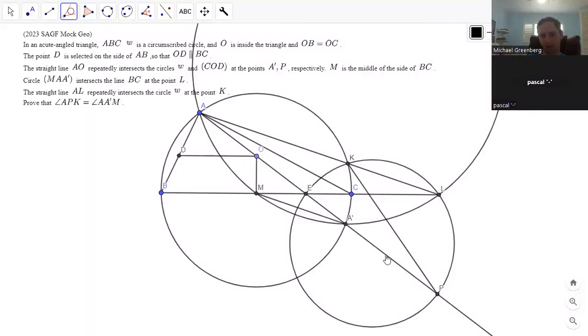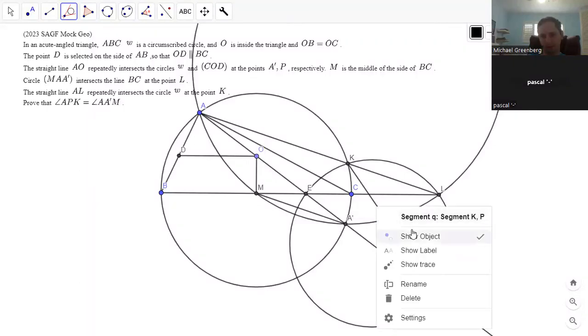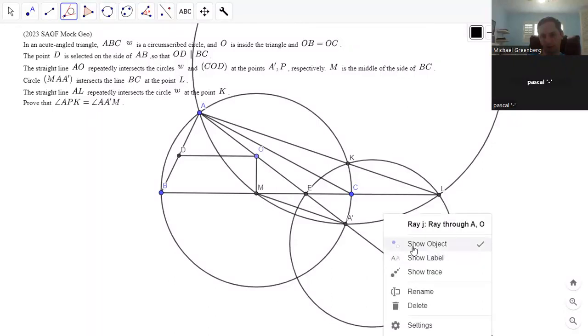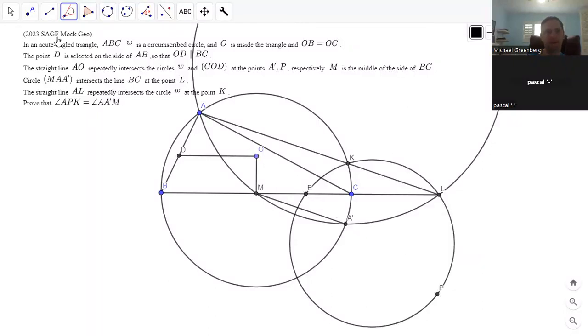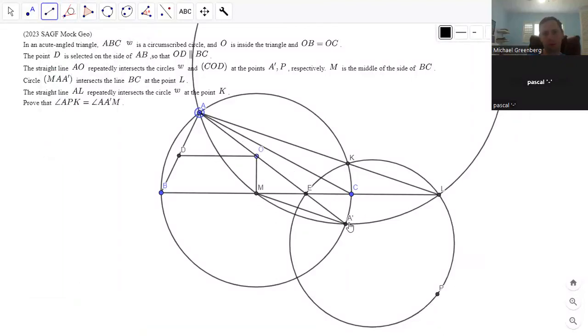okay. Let me think about this. So I'd rather define P like this. So it's where AA prime meets the circumcircle EKL.